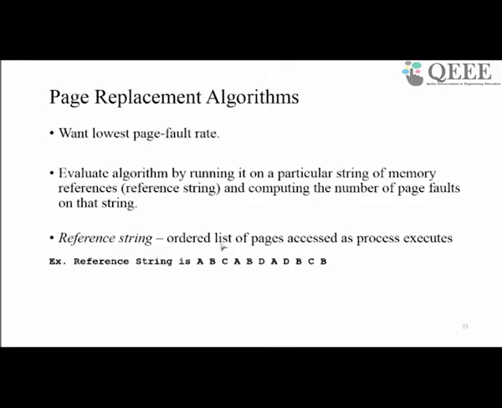Well, how do we decide on the page replacement algorithm? Naturally we want a very low page fault rate. So we have to use a method which reduces the number of page misses, because whenever there is a page miss, the running process is suspended until the page is brought in.